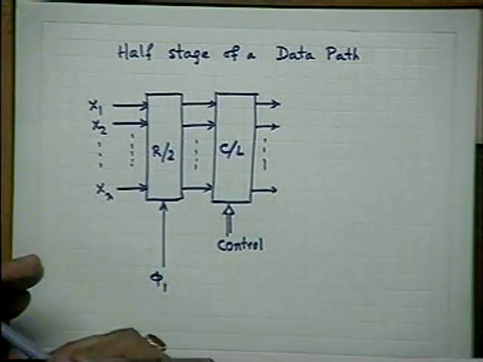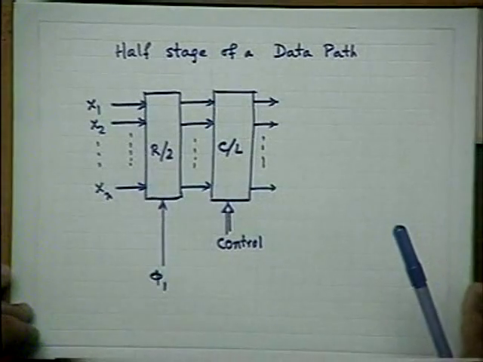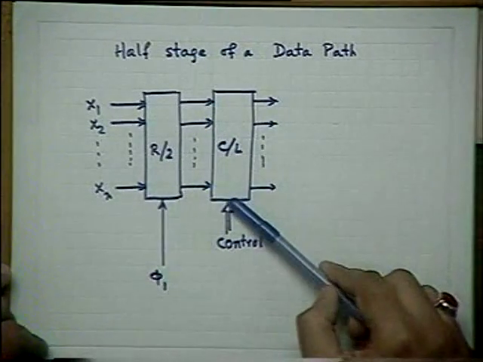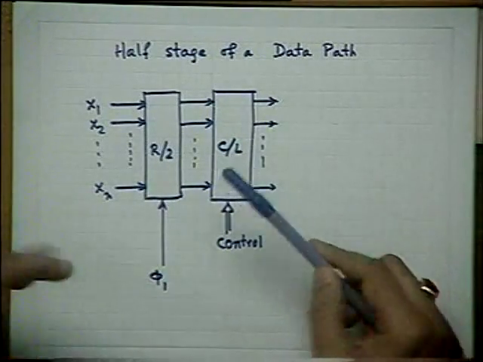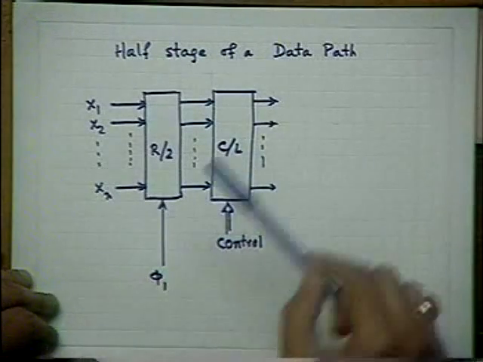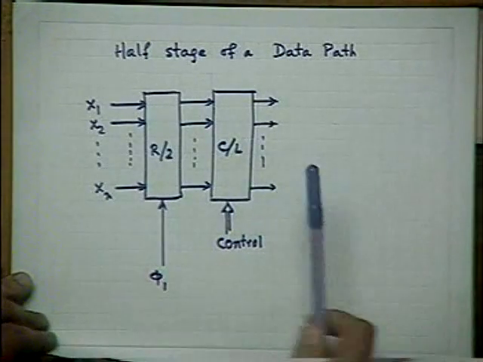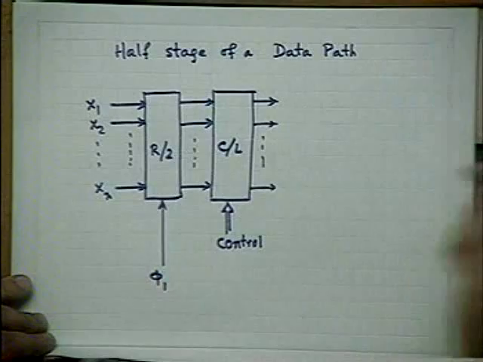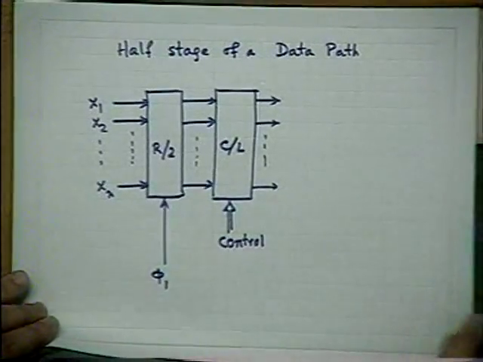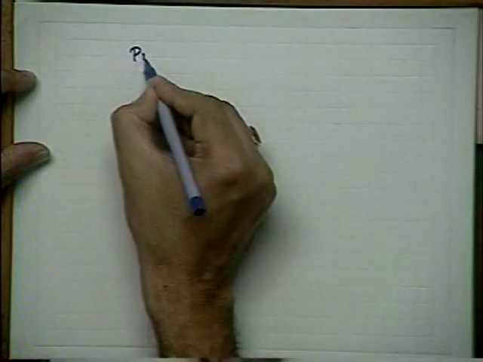At the output of each half register we have a combinational logic to perform certain functions, and thereafter it goes to the next subsequent half stages, so that you get a pipeline data structure. So finally the pipeline data structure becomes like this.